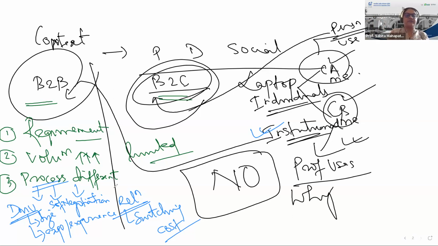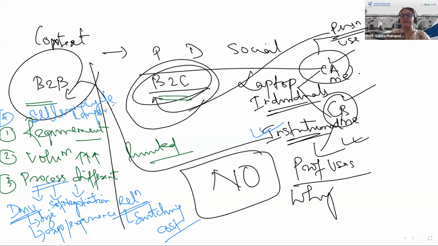Next point of difference. Can anyone tell me the number 4 point of difference? Time taken will be a lot more. Correct. So the B2B selling cycle, in some situations, may be longer. For example, if you are going for a turnkey project or a construction or modernization, it takes a lot of time to pitch your sales and get the contract and the payment realized.